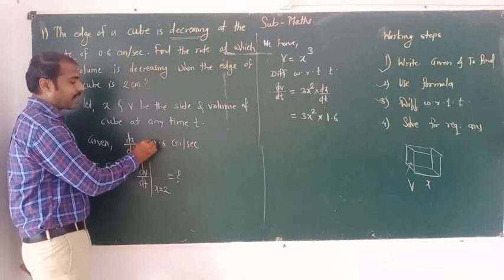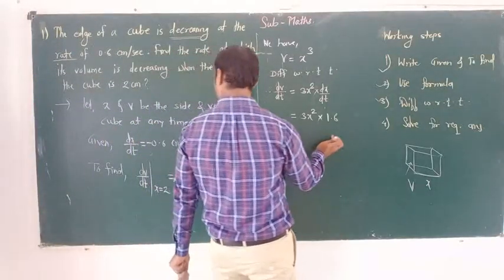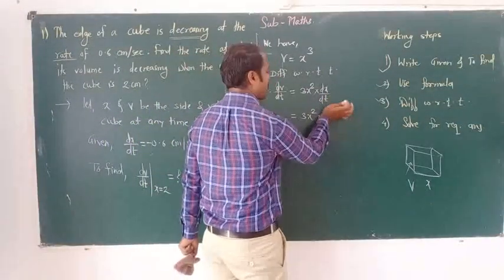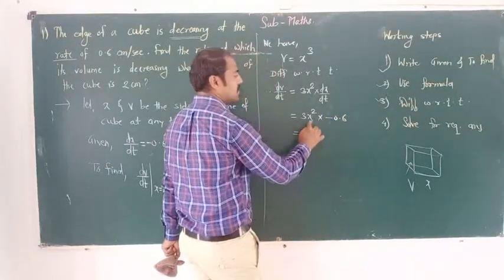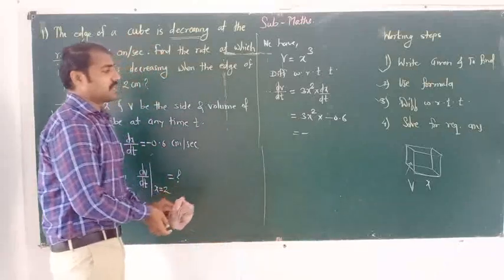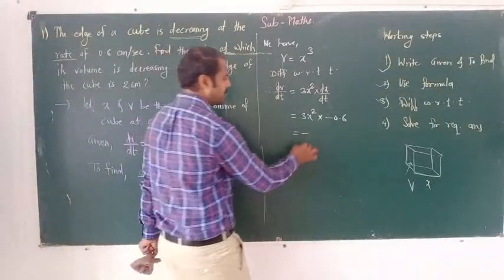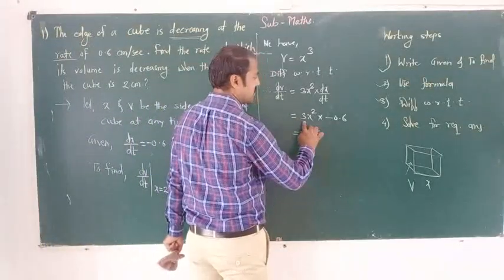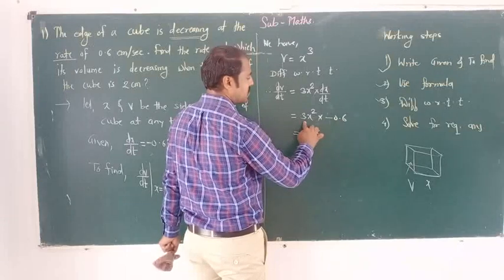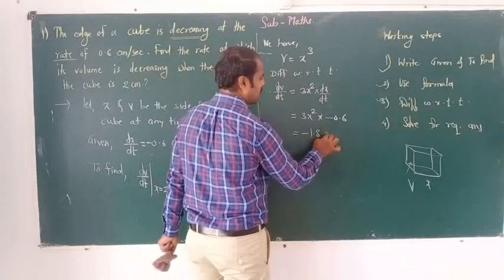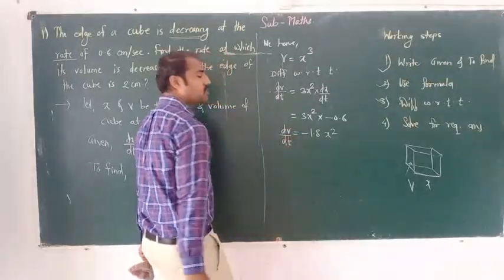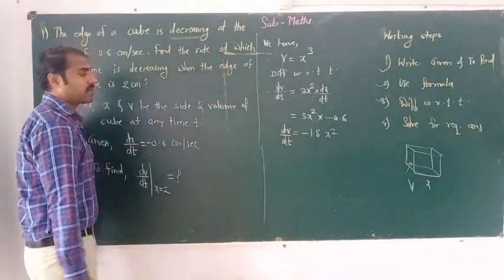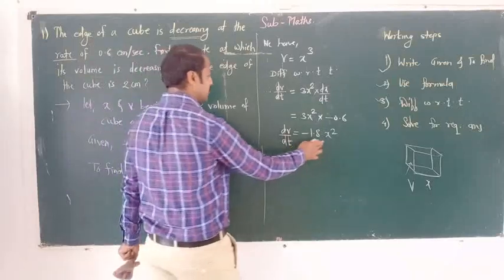So I can take minus 0.6. dx by dt is minus 0.6, which is equal to minus 0.6 into 3, 1.8 into x square. It's dv by dt, rate of change of volume. dv by dt is equal to minus 1.8 into x square.